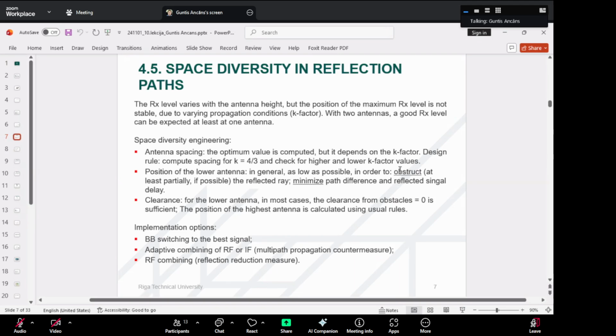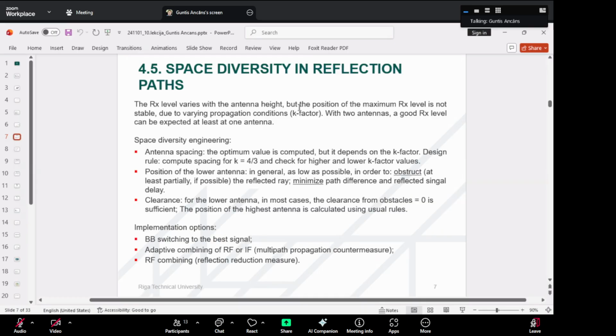And here it is mentioned that the K factor may change. The K factor depends on the atmosphere actually.